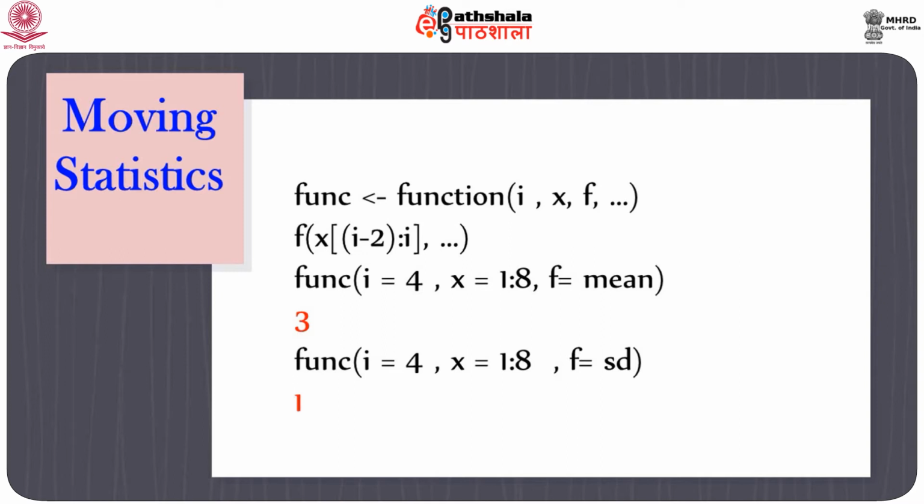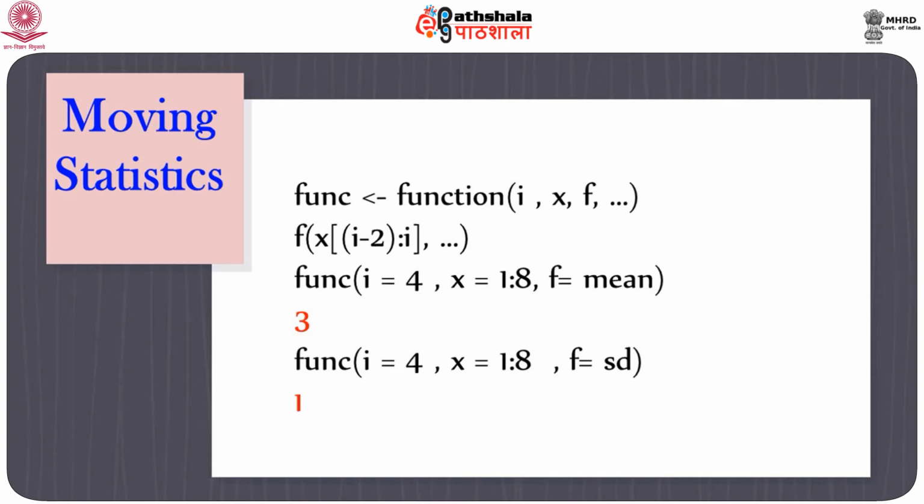So these are the arguments of the function func. The body of the function says that we need to apply the function that was there in the argument to the values of x starting from the (i minus 2)th value, and we are going up to the ith value. So this is what the function is saying.